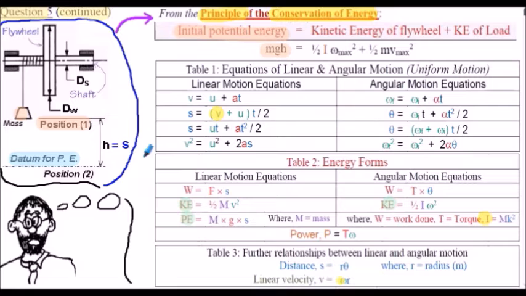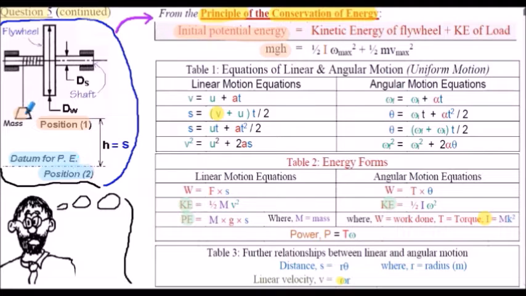If we consider the position 2, which is actually on the datum here, when the mass has fallen through height h or distance s, whichever term you want to use, now we have no potential energy because the mass would now be on the datum, so by definition no potential energy.